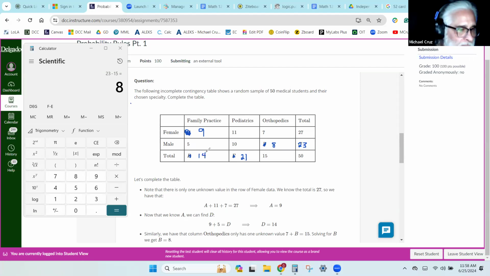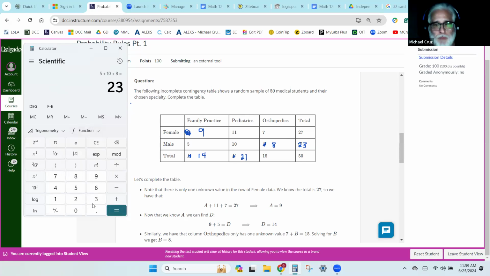Now, it's a good idea to double check these, because that was one of the things I had trouble with when I did some of these, especially that one where you had to fill in the whole thing. You've got to make sure that they total up. So 9, 11, and 7 should be 27. Good. 5, 10, and 8 should be 23. Good.